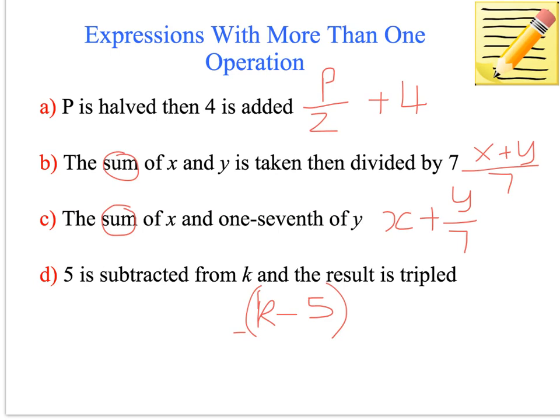Then to show that we're actually going to multiply it, we need to actually put the 3 in front of the brackets. We don't need to put the multiplication sign. The 3 with just the brackets there means whatever the answer is in the brackets, we multiply it by 3. We need to remember to do BOMDAS with all this.